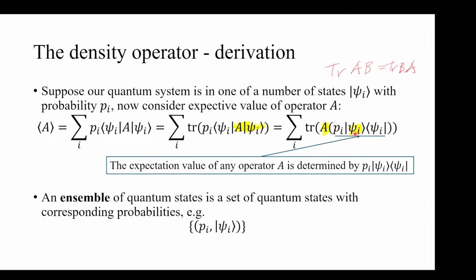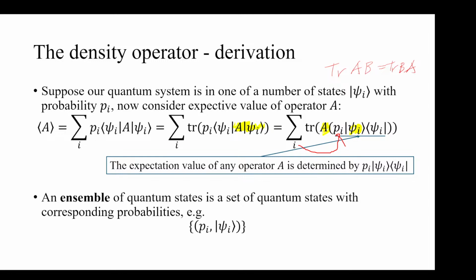Both the trace and the matrix multiplication are linear, so you can also put the summation over i inside. So if we move the summation over i inside, then we see the expectation value.